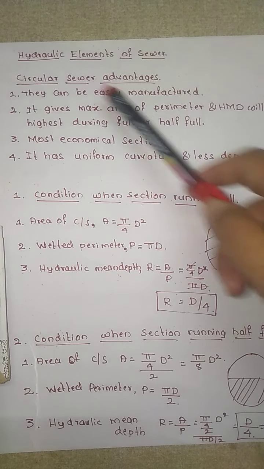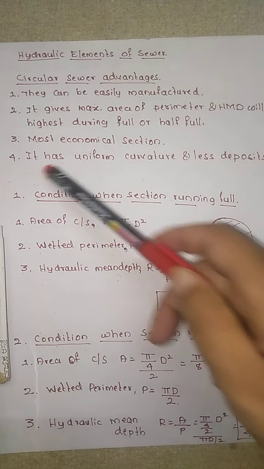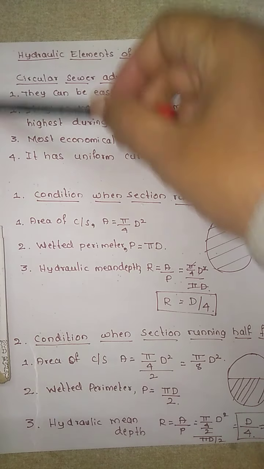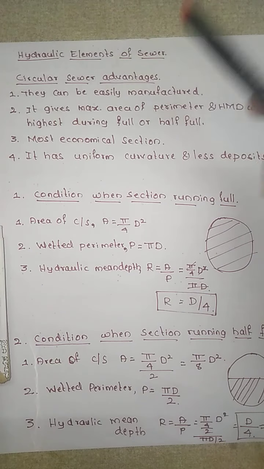It is also the most economical section, and it has uniform curvature and fewer deposits. So these are the reasons why we use the circular sewer.